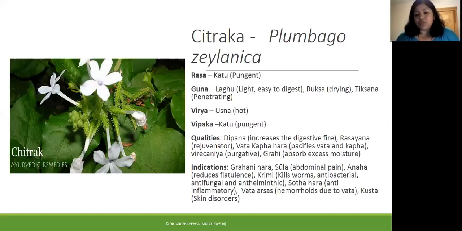It's used in kushta. Okay, in chitraka we can use the leaves, the stems, and also the roots. In the combination, if you're using the root of chitraka, it actually needs to be purified. How you purify this is by using lime water. Lime is calcium carbonate.